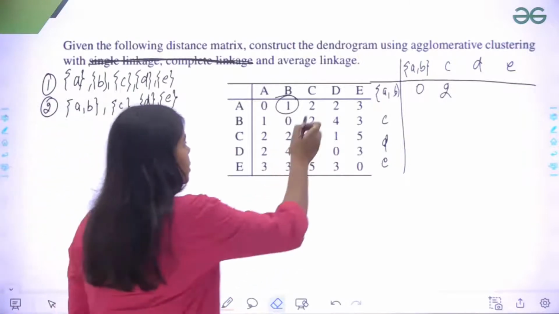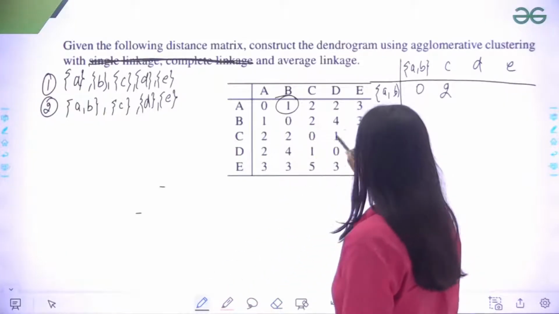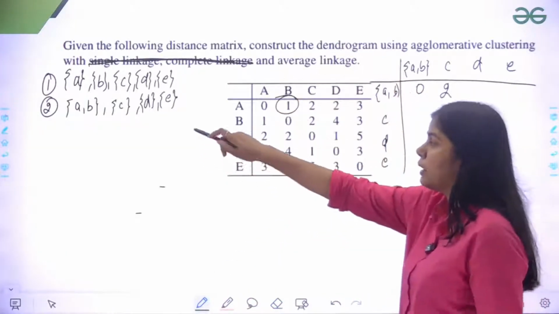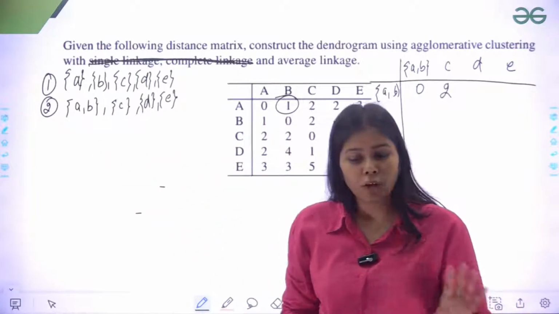Now, next thing is, because we are working on average linkage, we are finding out the distances. Now I got the clusters as AB, C, D, E. I got 4 clusters.